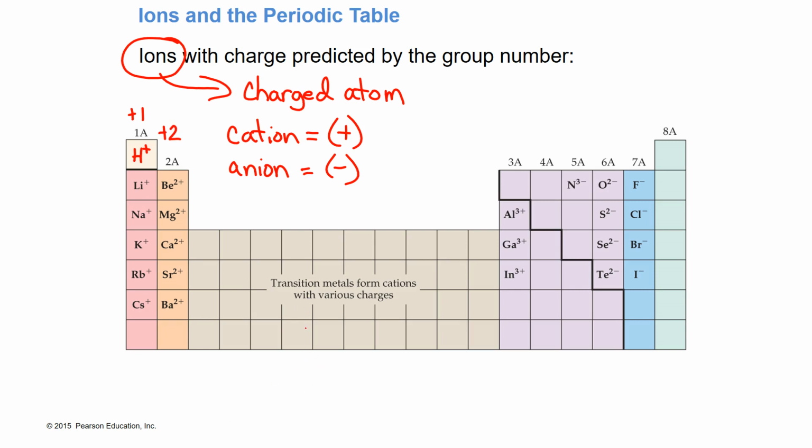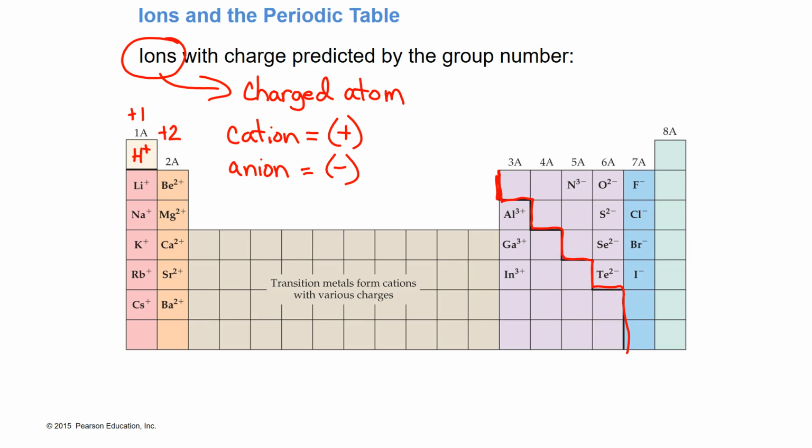We can't identify the charge on these without other information, because these charges can vary based on interactions with other things. So I can't put a charge on any of these in the transition group. But coming over here, on a lot of periodic tables, and the one that I gave you, you should see a bolded stair-step line here.